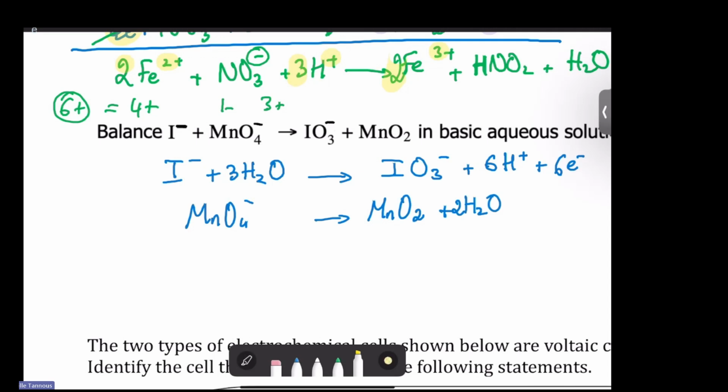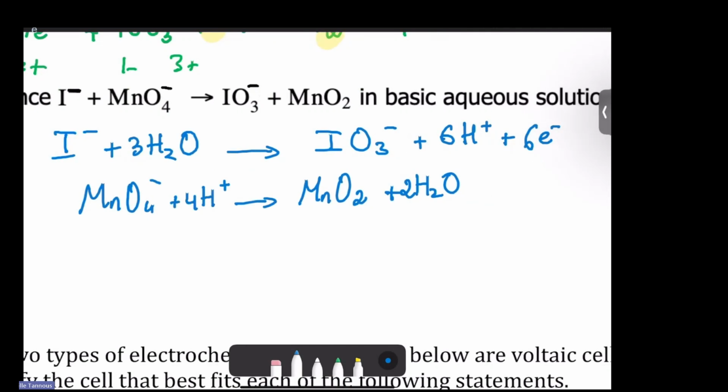But now also I have 4 hydrogens. So in order to balance the hydrogens, we add H plus. Don't forget the plus. Now it's time to look at the charges. I have 1 minus and I have 4 pluses.